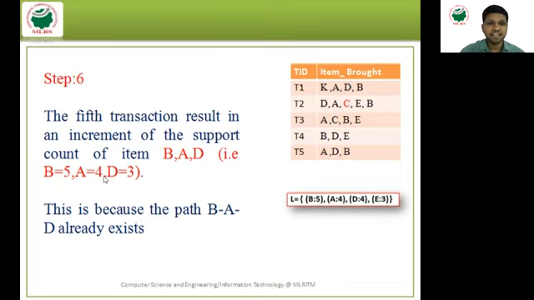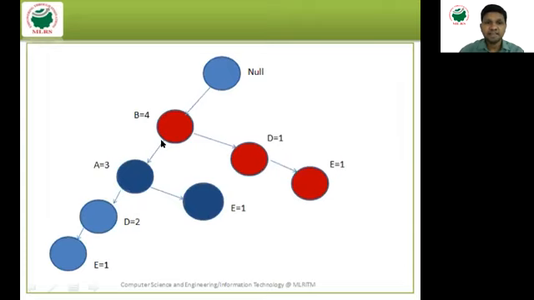Now B5, A4, D3, right? This is because the path BAD already existed. In case BAD already existed, it means incremented by 1. Now B5, A4, D3.